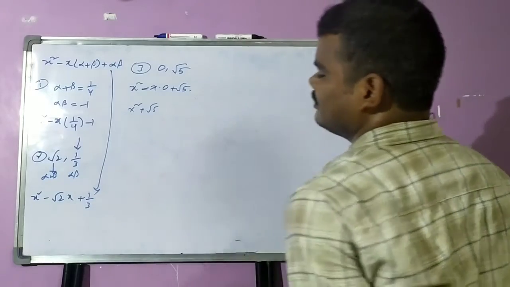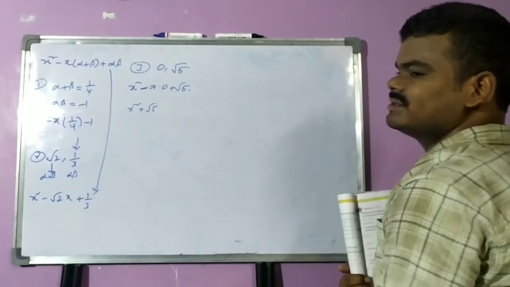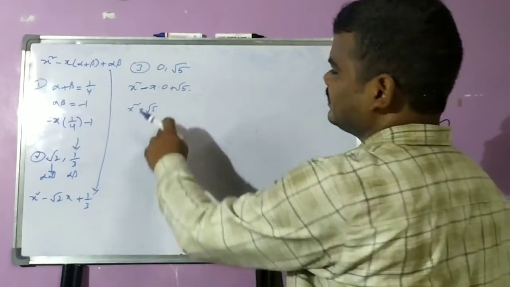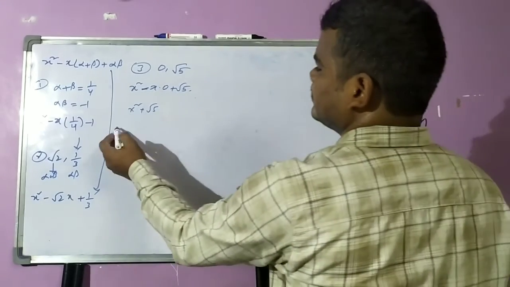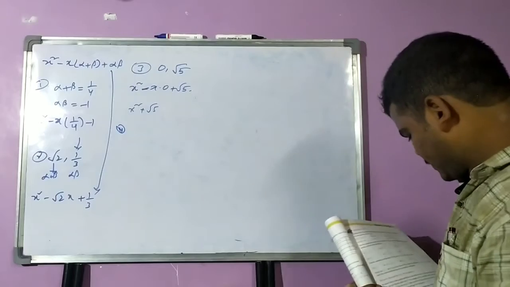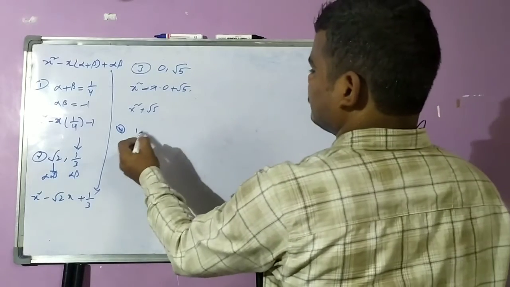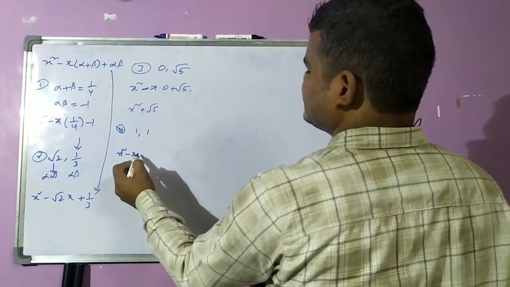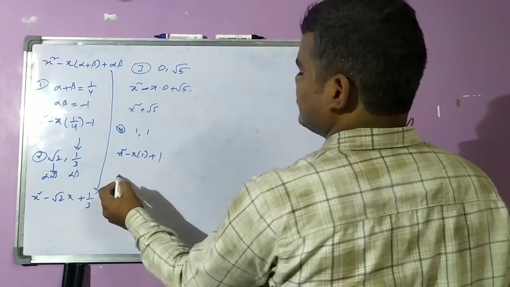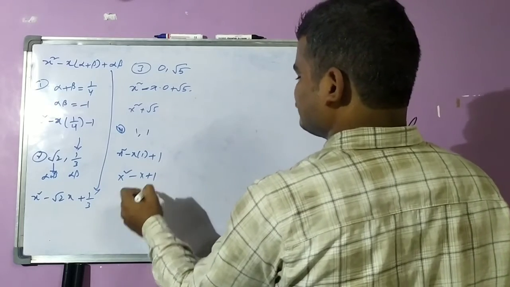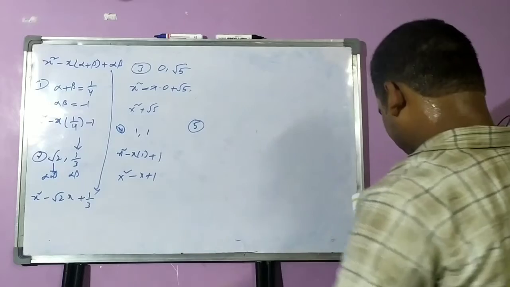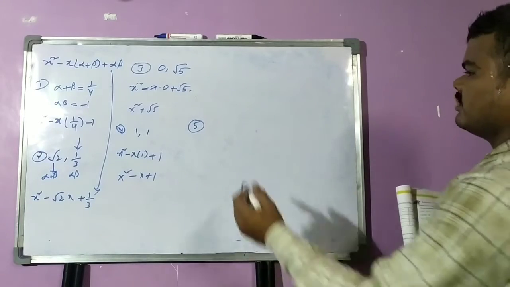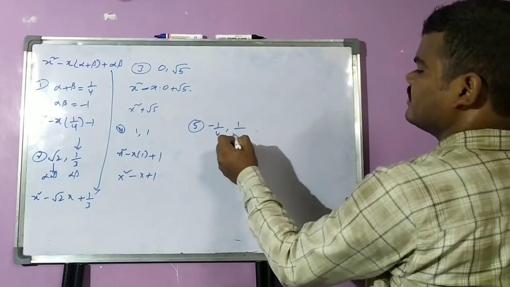If we add 0 to the polynomial, this gives what? Not a quadratic equation. Next, fourth one. 1 comma 1. X square minus x into 1 plus 1. X square minus x plus 1. Fifth one. Minus 1 by 4 comma 1 by 4.